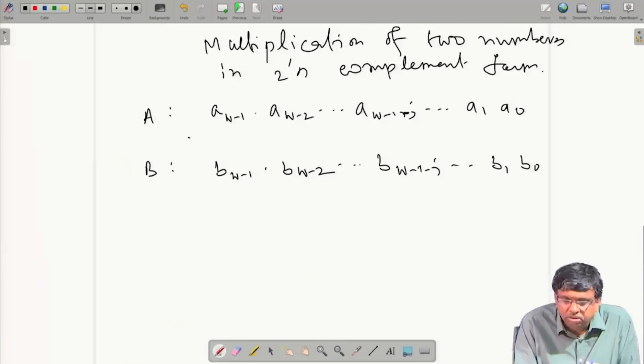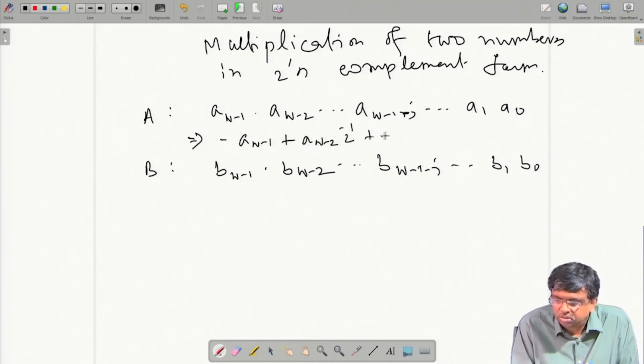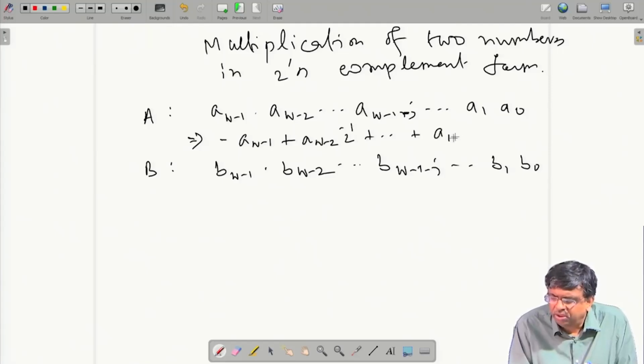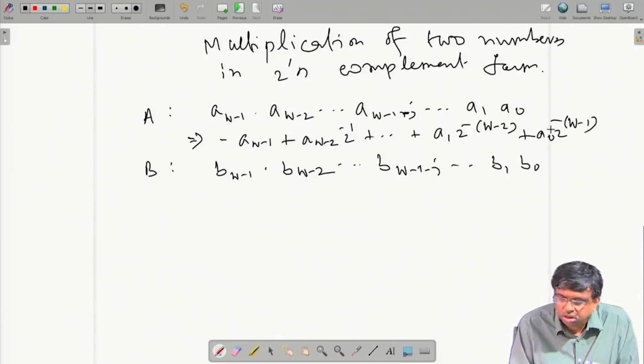You know the decimal value under the 2's complement system. Similarly, here for B.